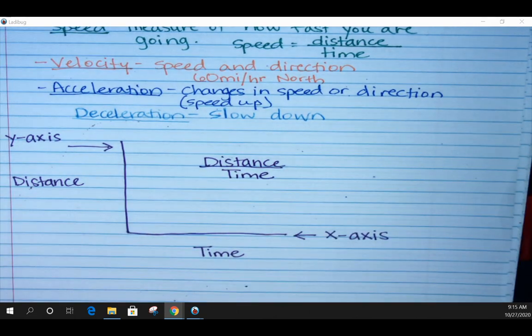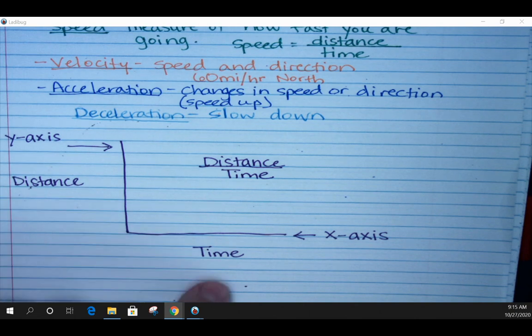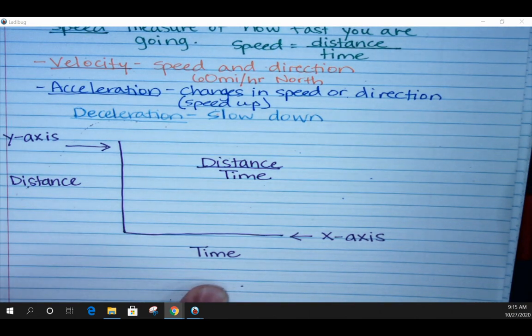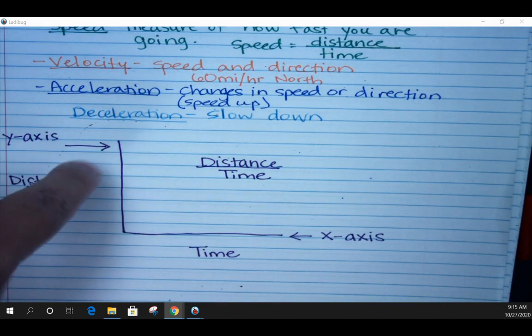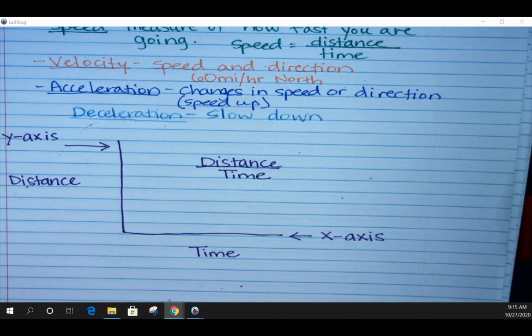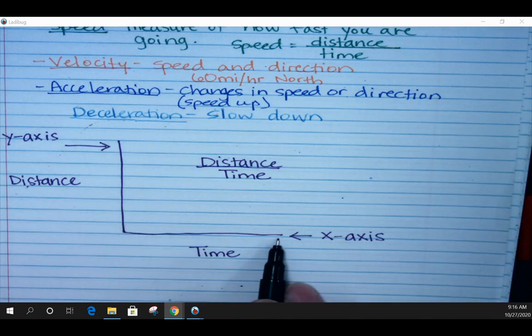If you remember distance over time, then you'll always know that the distance goes on the y-axis. And we can calculate speed. Time is always plotted on the x-axis. Do you hear me? The further you move this way, the more time is passing.